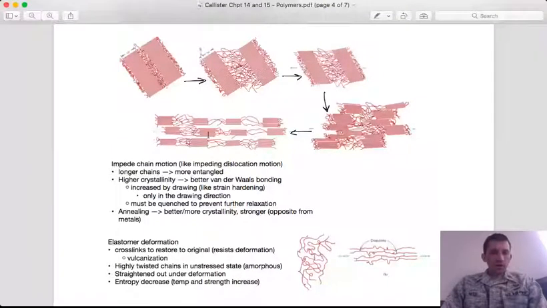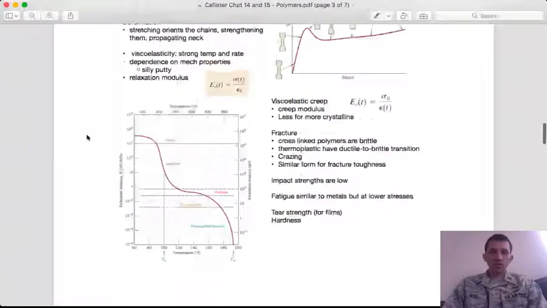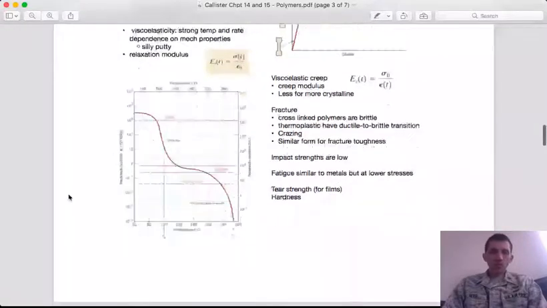It also is going to be easier to deform and draw a fiber at a higher temperature, right? Because I have more thermal motion here, and if we go back to what we saw with the relaxation modulus, I'm going to be able to relax in response to that applied stress, or that applied strain, rather.